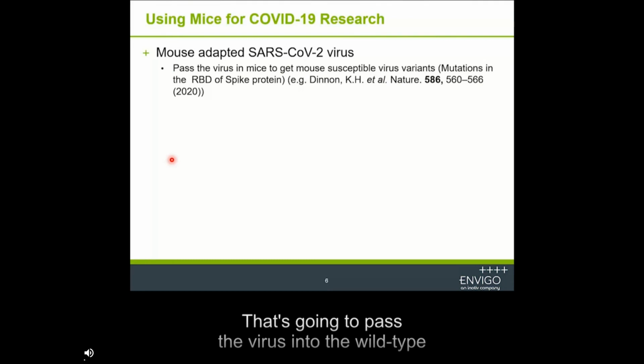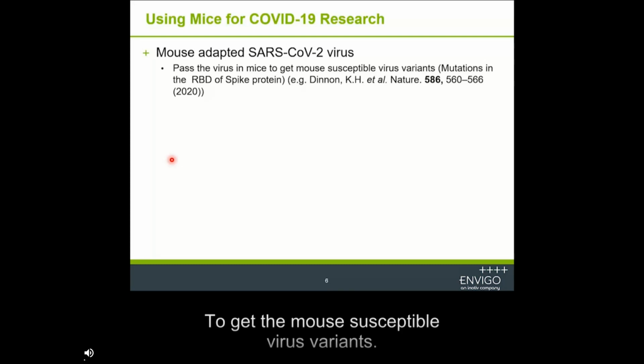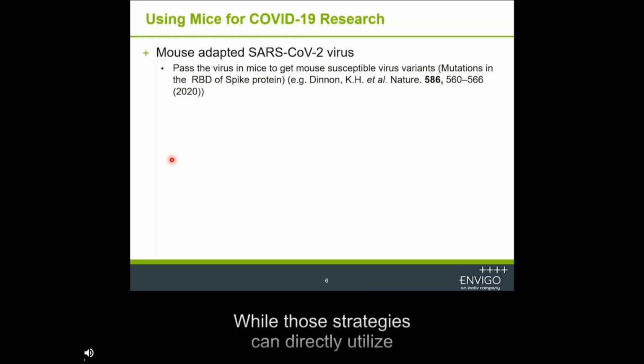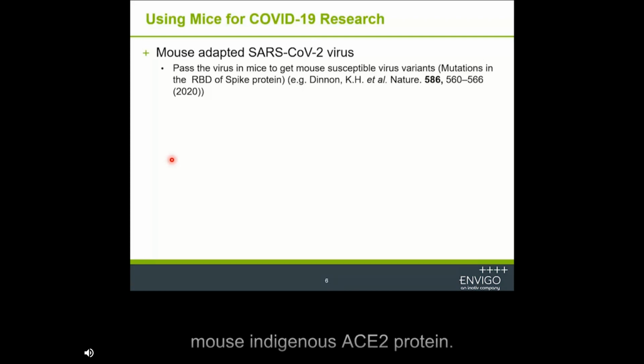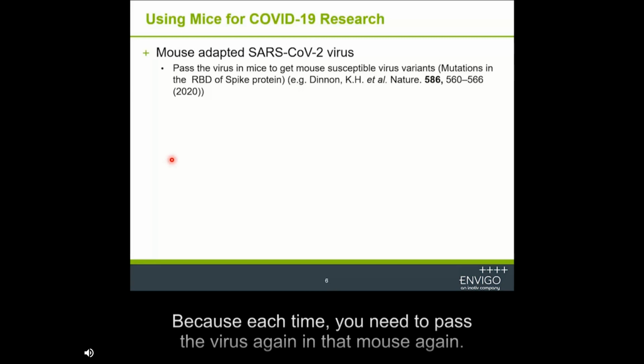Basically, you pass the virus through wild-type mice for more than 10 passages to get the most susceptible virus variants, mainly finding mutations in the receptor binding domain of the spike protein. While this strategy can directly utilize the endogenous ACE2 protein, it cannot directly test different variants of the virus, because each time we need to pass the virus in the mouse again.